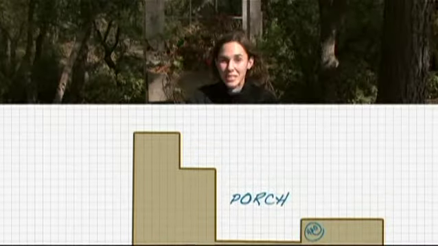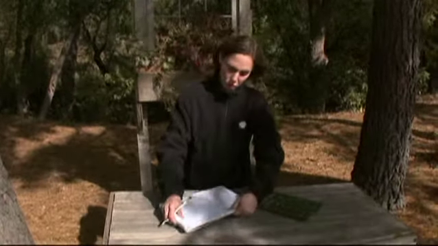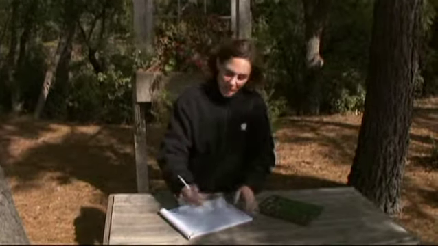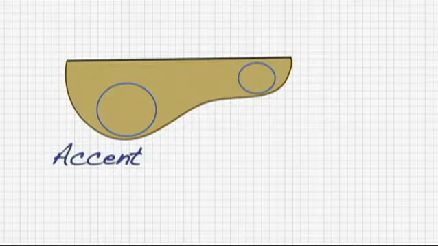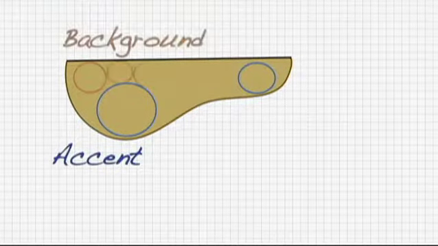Now our accents need a backdrop for their performance. The backdrop's going to vary depending on the type of bed you have and its surroundings. So for example, if you have a bed that's up against a wall and you have your accents in there, the backdrop to that accent might be a little bit larger. You might have maybe a medium-sized evergreen.